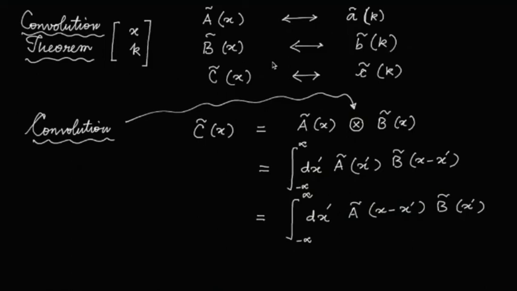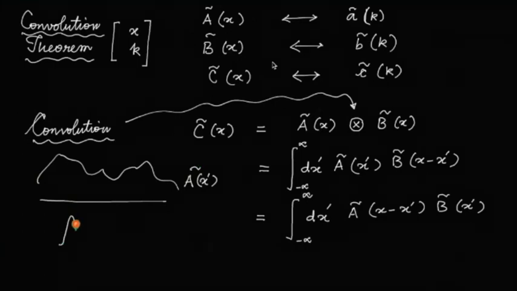What is happening here is that you have a function, say a tilde x, and you take the other function, which is b tilde, and move it over the first. Imagine that I have one function which is like this, say this is a tilde x. And I have another function which rather looks like a Gaussian in this case, and we'll see in the next class why I draw it like that.